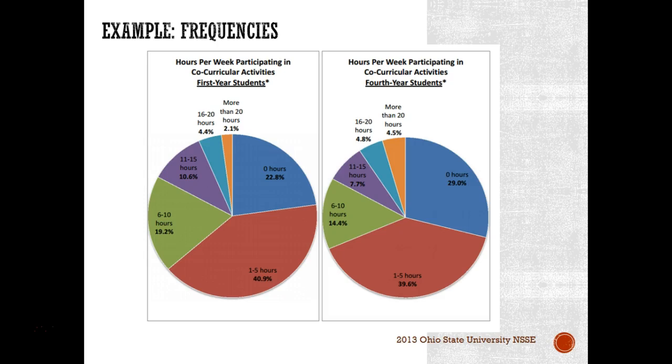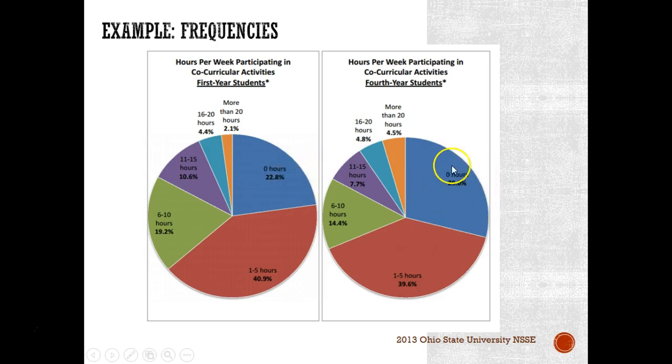And again, you can see fairly quickly that the highest number for each was 1 to 5 hours. So it's almost 41% for the first year students and just under 40% for the seniors. And you can also very quickly see what percentage of students say that they're not participating in any co-curriculars at all. And it's a little smaller for the first years than it is for the seniors.